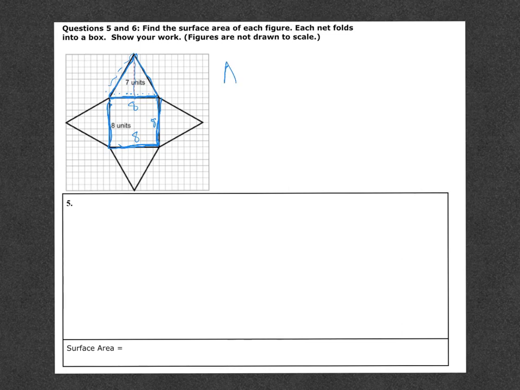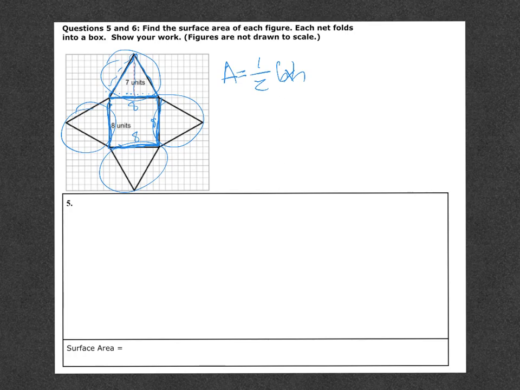So your area of a triangle is 1/2 base times height, right? And you'll notice that because this is a square, when this net is folded back up, it becomes a pyramid, all right? So we know that each one of these triangles is equal. So you're going to have 4 areas for the triangle.